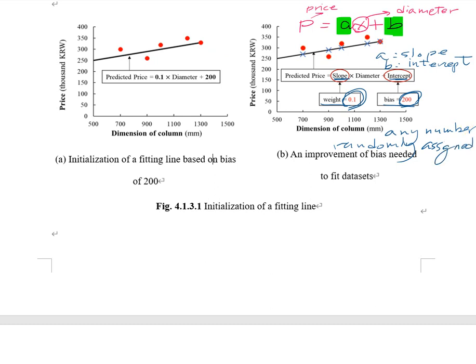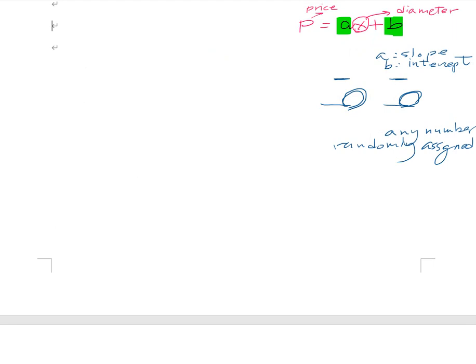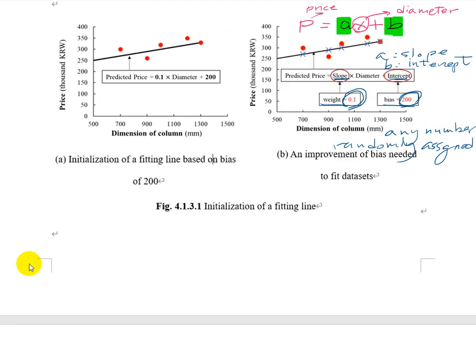To explain one more time, it could be any randomly assigned number, so that you can set up a linear line to start with, fitting or matching or mapping the relationships between input parameters and output parameters.